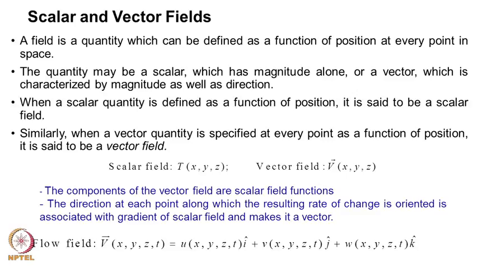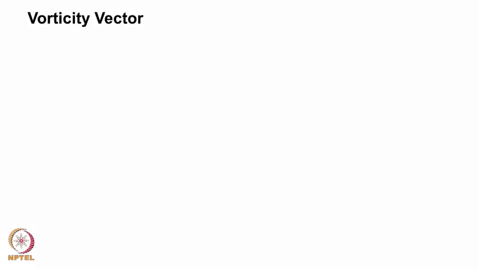You have 3 components u, v, w, and all 3 also vary as a function of x, y, z as well as time. To get back to the velocity vector field, you multiply each magnitude with the corresponding unit vector i, j, k. So, one can obtain the vector field from the scalar fields in this way.